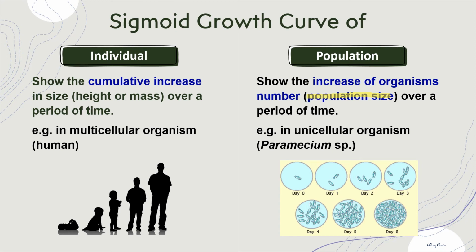The most common examples are eukaryotes such as Paramecium. As long as they are unicellular organisms, it is suitable if we study the growth in terms of population size. Other examples such as bacteria, which are prokaryotes, can use population size to describe their growth also.